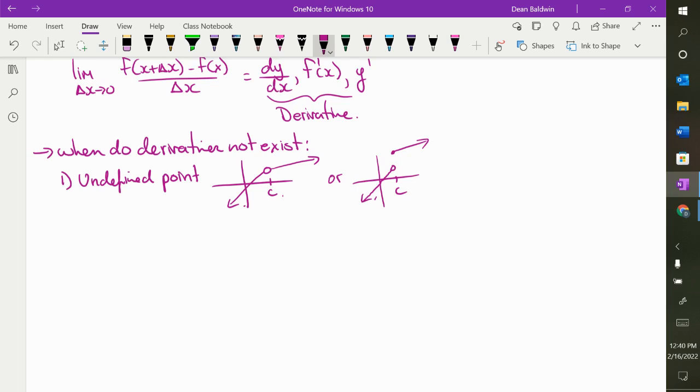Vertical asymptotes. Because the limit of that is infinity or negative infinity, right? So we'd say the limit doesn't exist. So there's no point there. It's an undefined point as well. Can't draw a tangent line at that point.